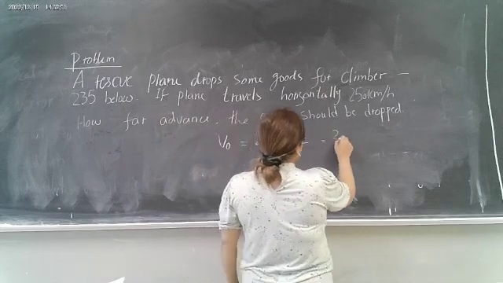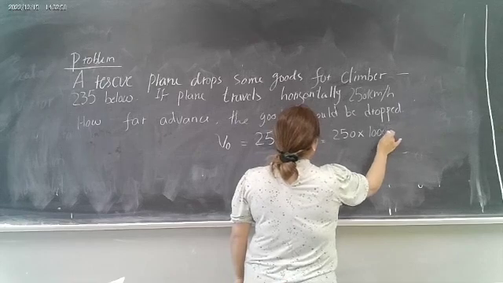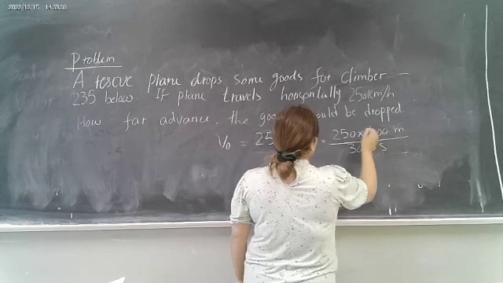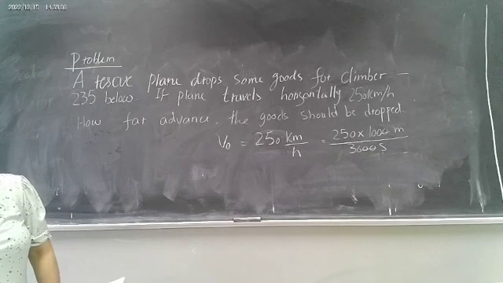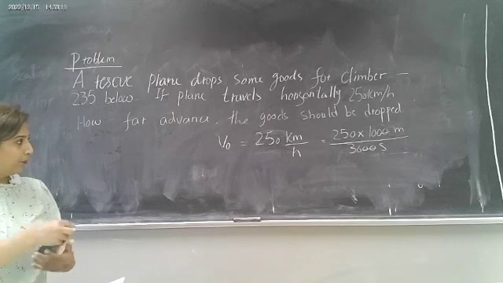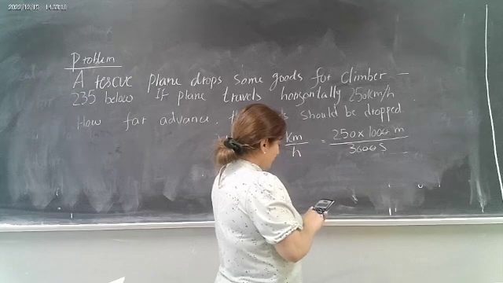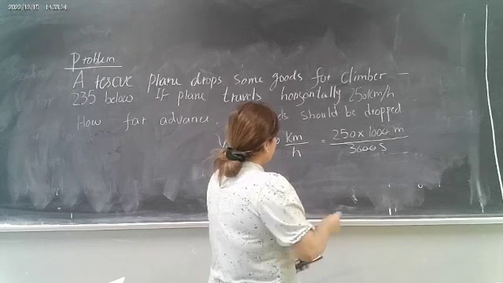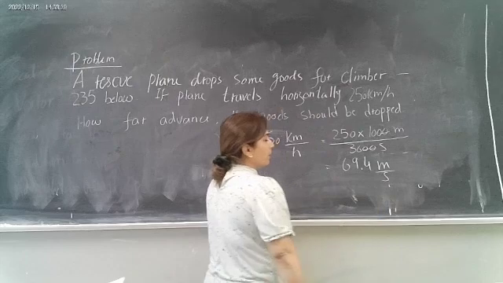So convert this to 250 multiplied by 1000 meters divided by 3600 seconds, and you can get the value in meters per second. The value is going to be 69.4 meters per second.